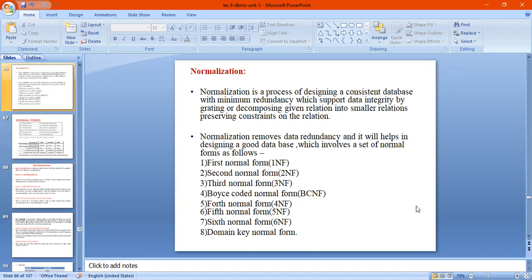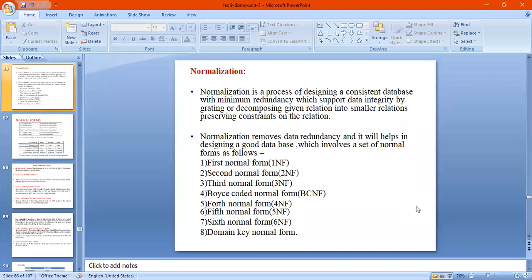Normalization is a process of designing a consistent database with minimum redundancy, which supports data integrity by decomposing a given relation into smaller relations, preserving the constraints on the relation. Normalization removes data redundancy and helps in designing a good database, which involves a set of normal forms.